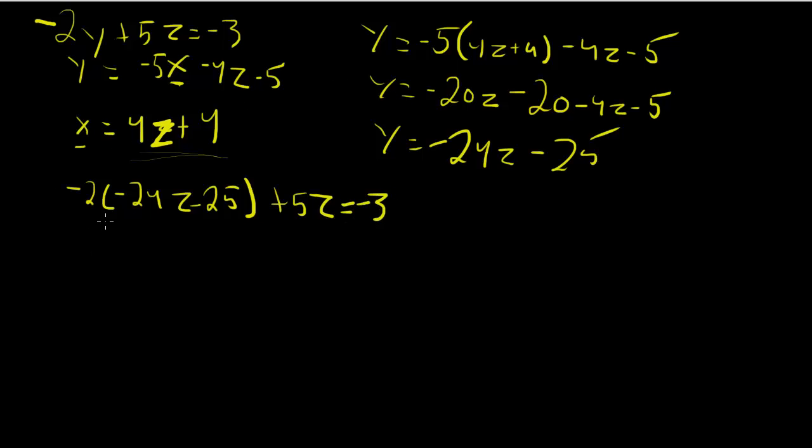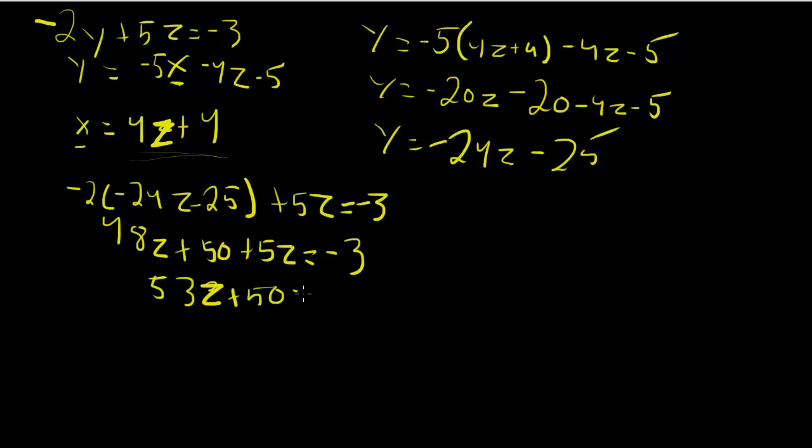So then we can just simplify it. 48z plus 50 plus 5z equals negative 3. We get 53z plus 50 equals negative 3. We subtract our 50 on both sides, and we end up with 53z equals negative 53.